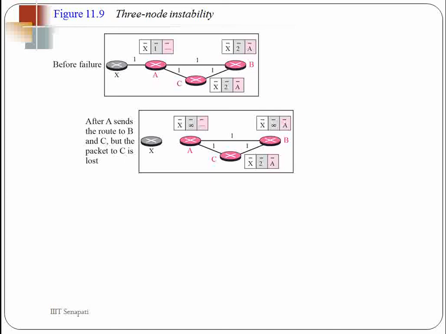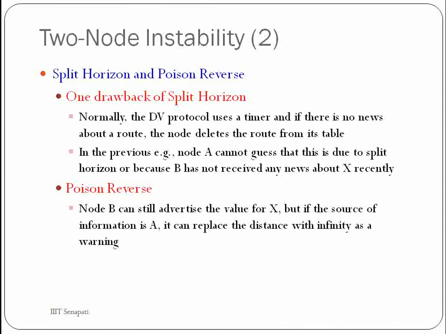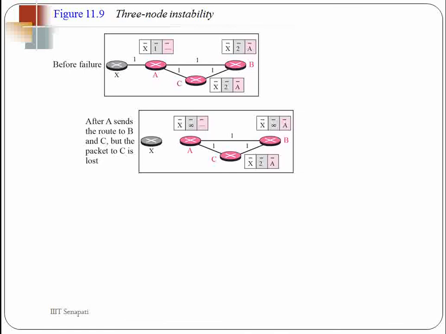And we have seen earlier in poison reverse that we will keep infinity as a warning, right? So let us assume we keep infinity there in B, but somehow this packet to C is lost.